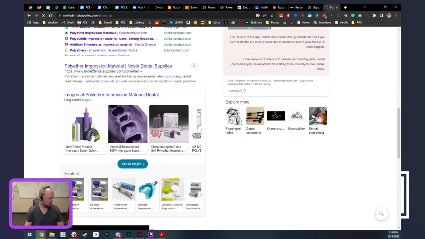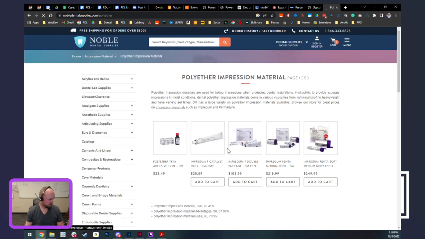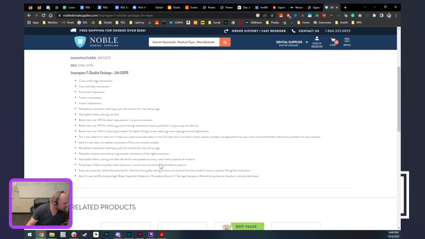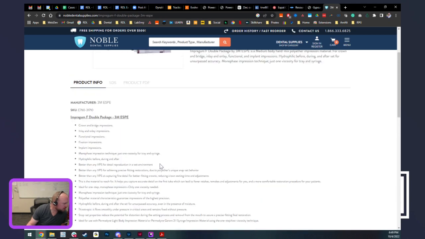All right, here we have Noble Dental Supplies, polyether, it's Impergum. So there's the tray adhesive. That's what I was talking about earlier. I thought that's what ZOE was. I was wrong. All right, so here's Impergum from 3M. Now let's go here and let's find its expansion.